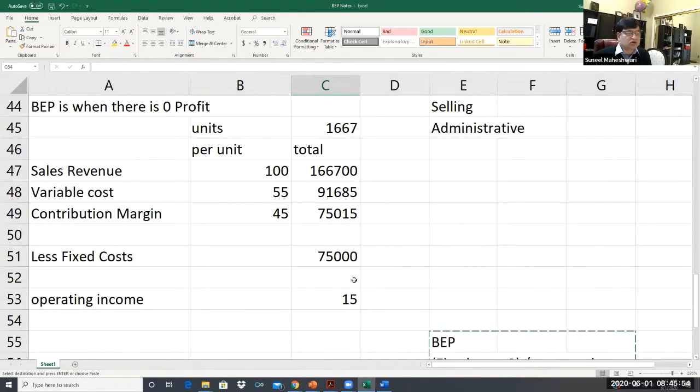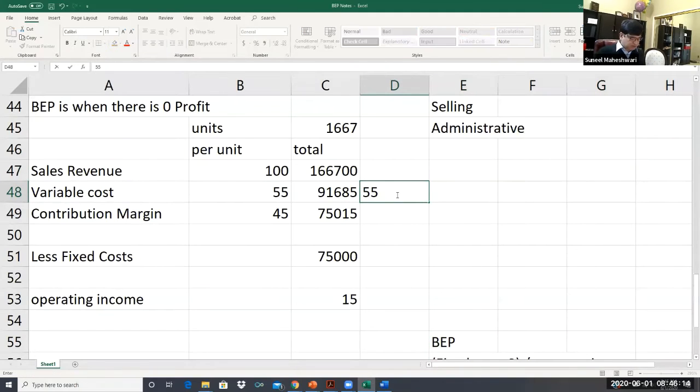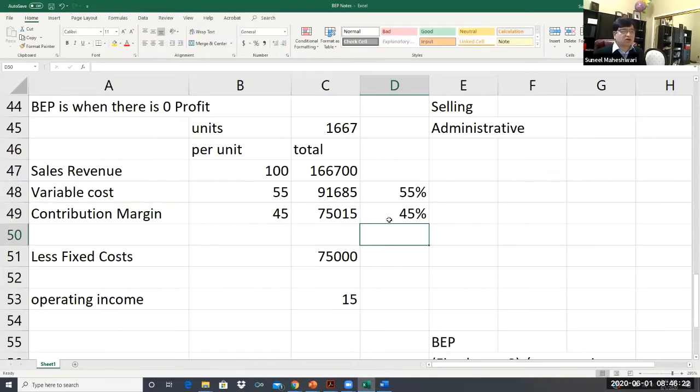Please note, instead of units, we want it in dollar sales. Very simple, because this is just a ratio. The relationship between sales revenue, variable cost and contribution margin is simple. Suppose the sales revenue is $100. That means your variable cost is 55% of the sales revenue, and the contribution margin is obviously 45% of your sales revenue.